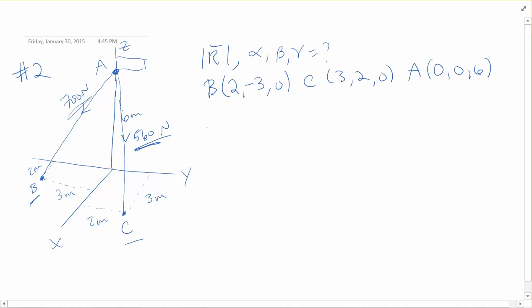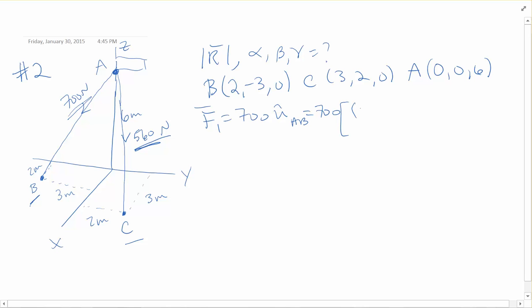Let's start with the 700 Newton force. Our force for that one, let's call that F1, will be the magnitude times the unit vector of the line going from A to B. Notice we're going from A to B, so that's going to be important when calculating our unit vector. Remember, the terminal point comes first, and then we subtract off the initial point.